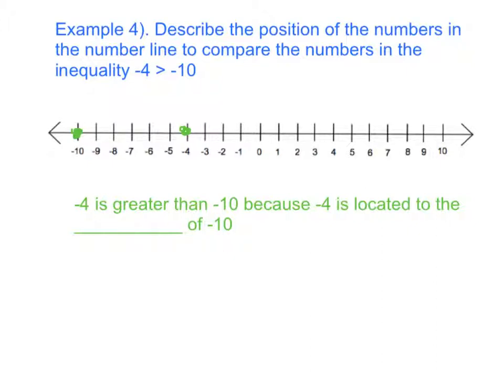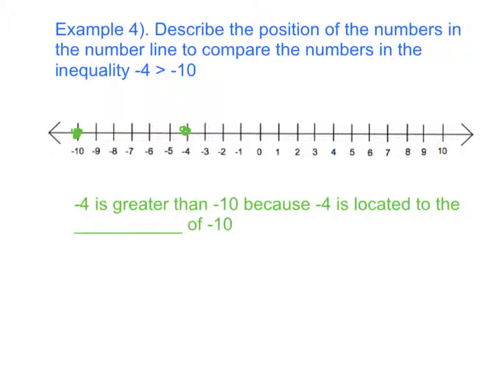So I went ahead and wrote out what it is that we need to say, okay? So we need to say that -4 is greater than -10 because, and we're explaining why. And to do that, we're going to talk about how they're positioned on the number line. So we would talk about -4 and where that's located compared to -10.